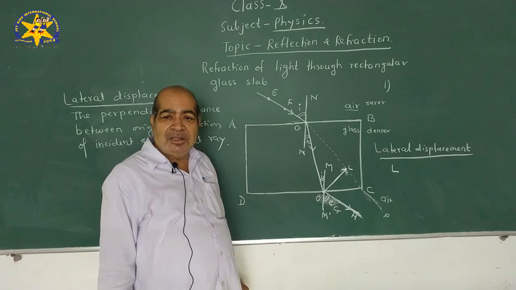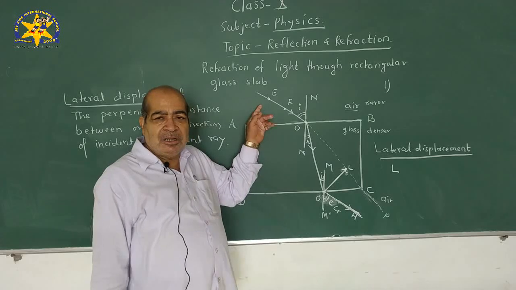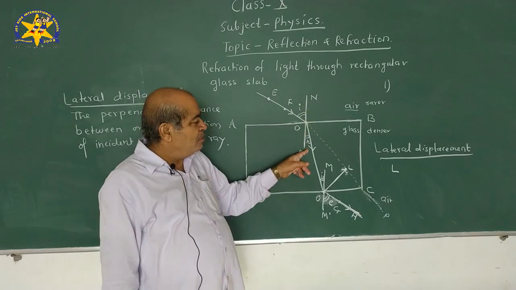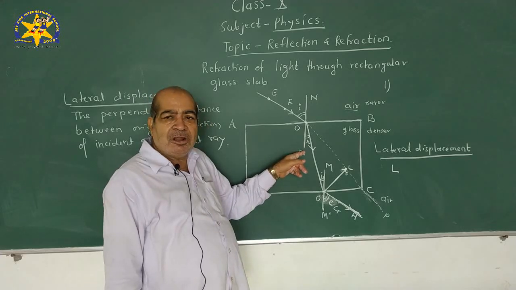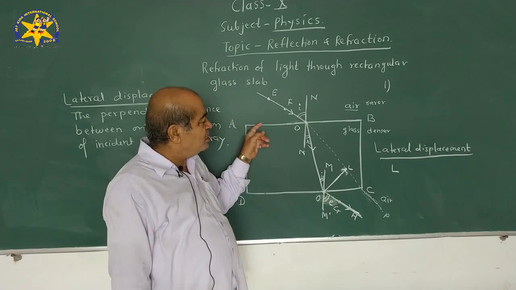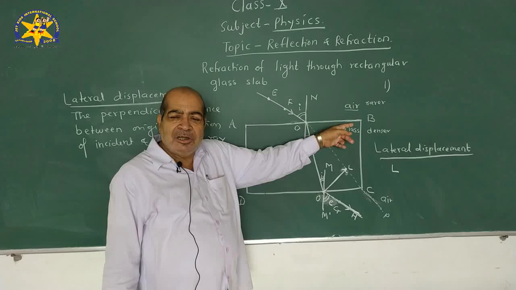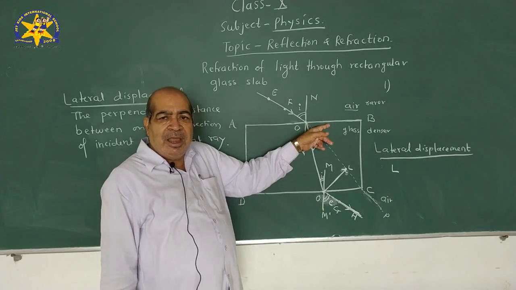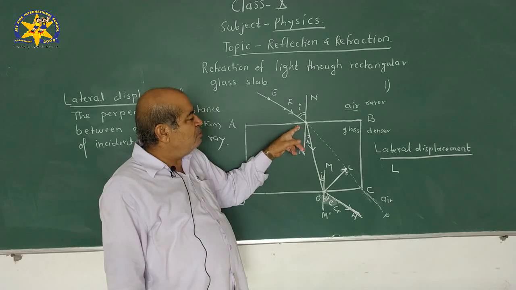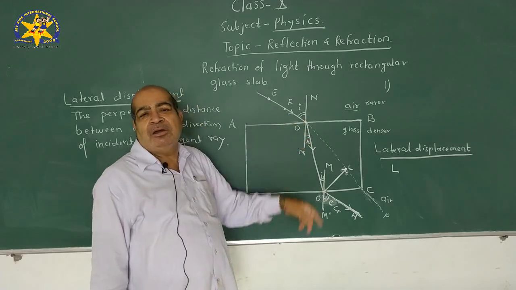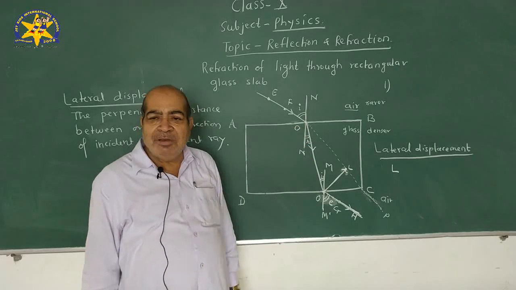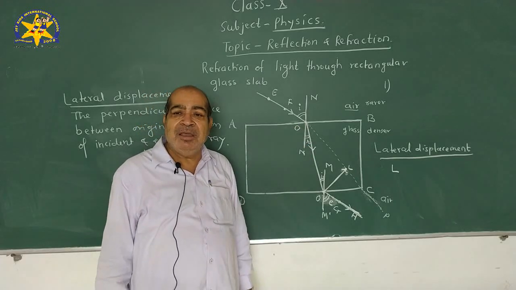Remember each word in the law: the incident ray, refracted ray, and the normal. But where is the normal drawn? The normal is drawn to the interface of the two transparent media, and it should be drawn at the point of incidence, so that all always lie in the same plane.